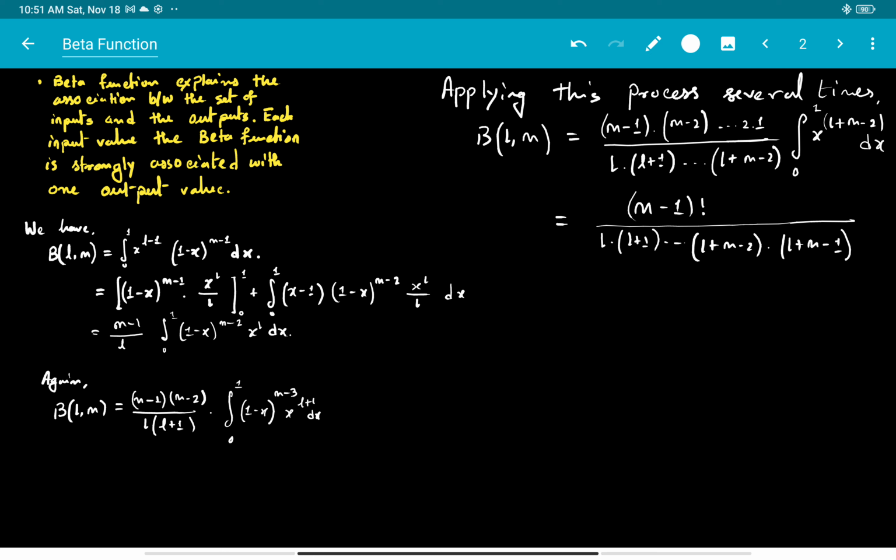So we'll claim that, let L be a positive integer.